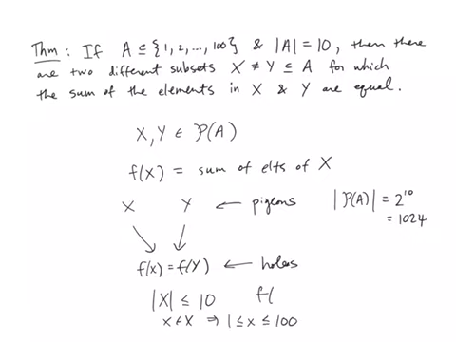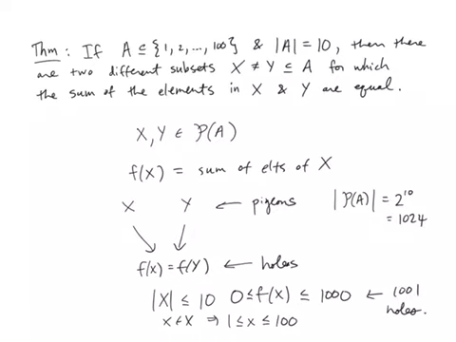So f of X has got to be, at worst, 1,000 in the upper range. And in the lower range, the worst is that there's no x in X at all, that we have the empty set, and so the value of the function would be 0. There's nothing to add up. And so there are only 1,001 holes here.